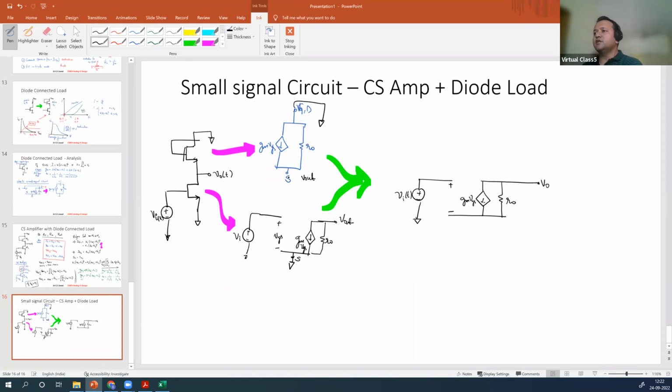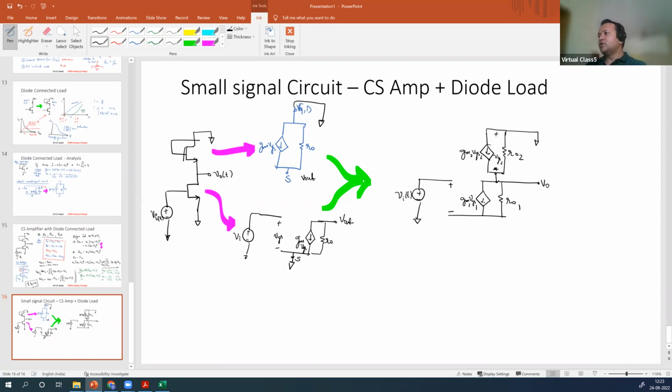Now that Vout is there, connect the source here. Connect these two here. gm2 VGS2. So gm1 VGS1, R01, R02. This is your VGS2. This is again grounded. Right?